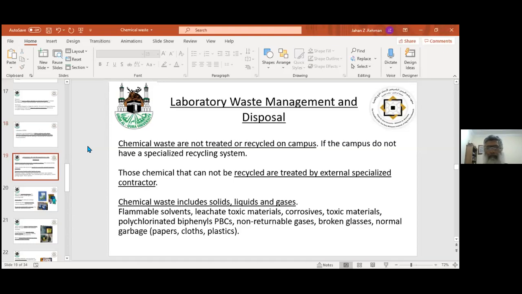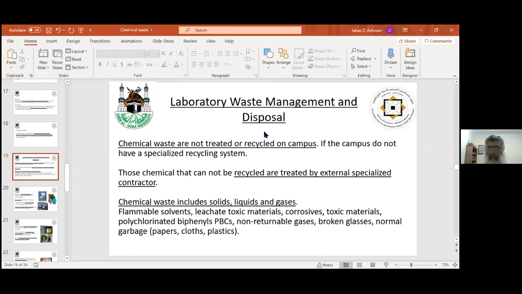Okay, now we are in the laboratory and we are working with the chemicals and reactions, and we have the products. Now we are going to talk about laboratory waste management and disposal. The best way, before disposal, I'm talking about before disposal, waste management, the best way for a chemical is to retreat or recycle.